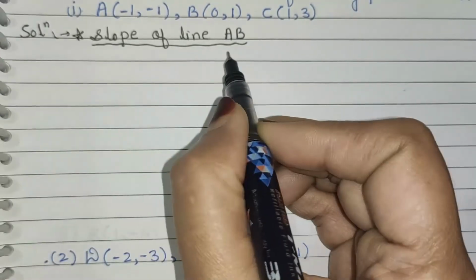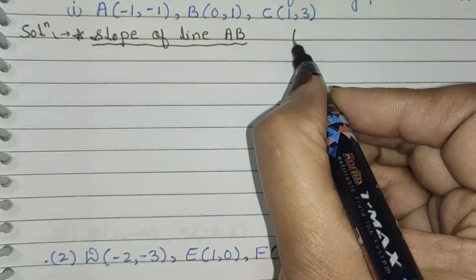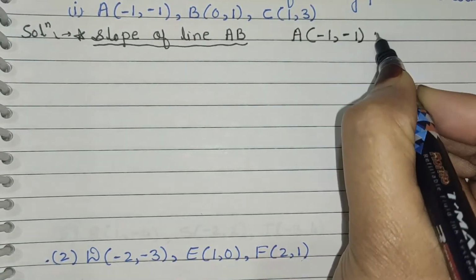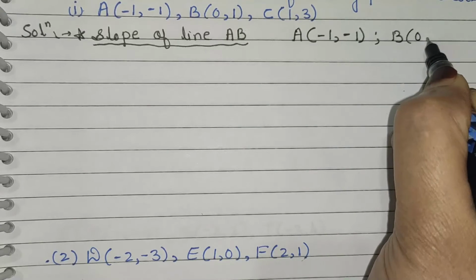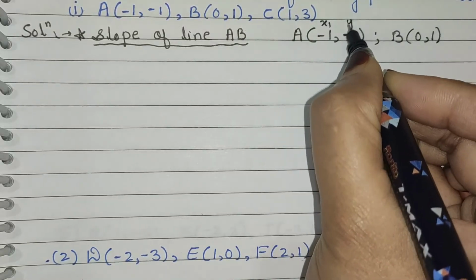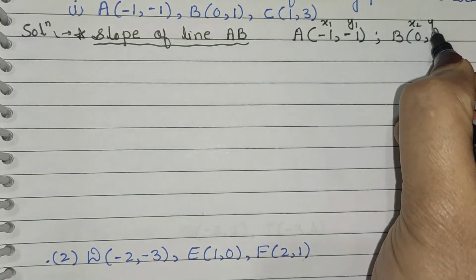Now for slope of line AB, write down the coordinates of point A are -1, -1 and the point B are 0, 1. Let us consider the coordinates are x1, y1 and here x2, y2.